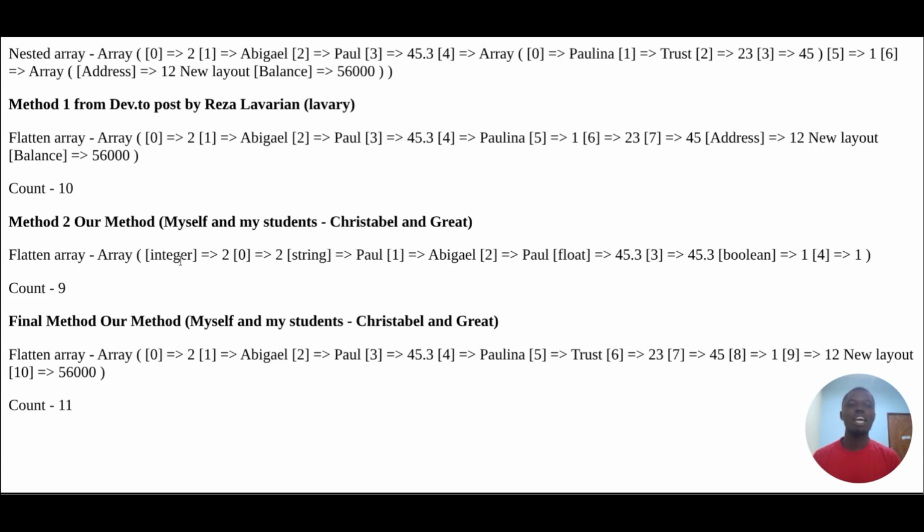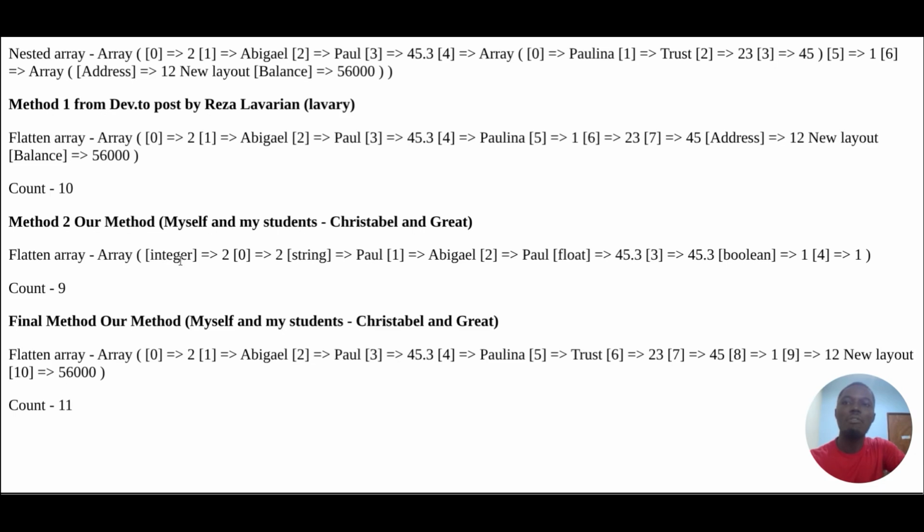It flattened the nested array, and it gave us a count of 11. Now if you look at the nested array, we have 2, which is an integer, Abigail, which is a string, Paul, which is a string, being the third element. Then we have 4.5, 45.3. We have an array, which is just an array. Then we have an associative array.